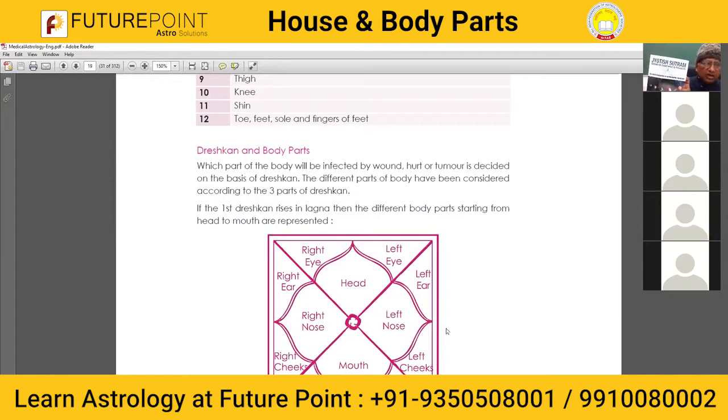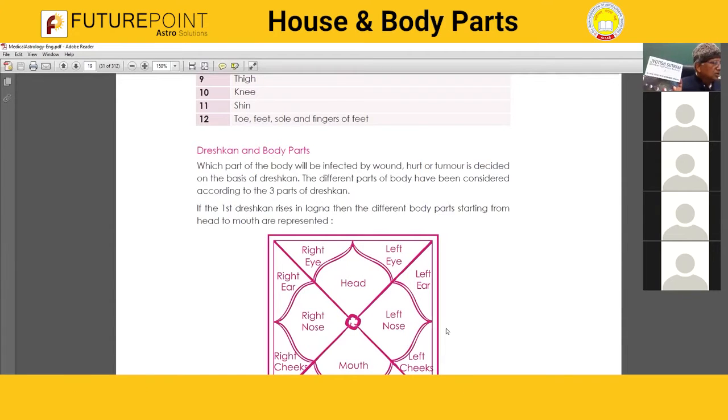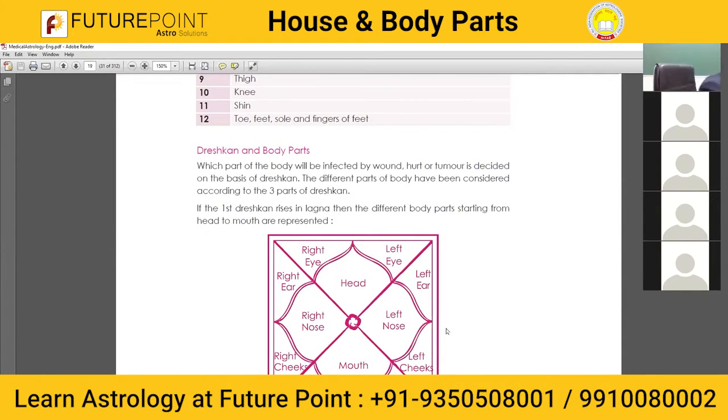You must all have this book, otherwise you may not be getting it in your course. Everybody should get this book, I think. And Medical Astrology, this is the book.